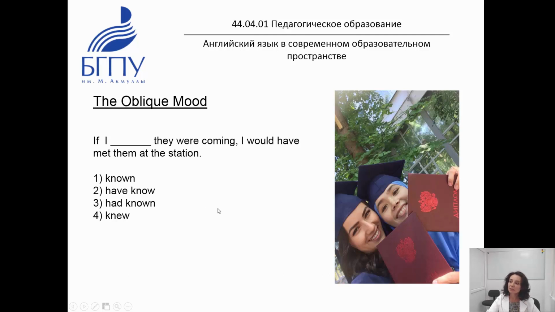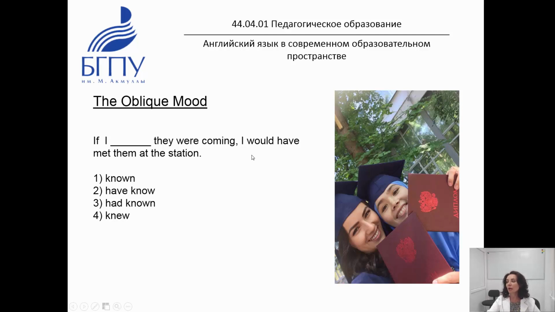Sometimes the tense of the main clause may be related to the present, and the tense in the subordinate clause may be related to the past. That's why before deciding the variant, first you should bear in mind the semantics of the sentence. But in all the cases, in the main clause, we use the conditional mood.